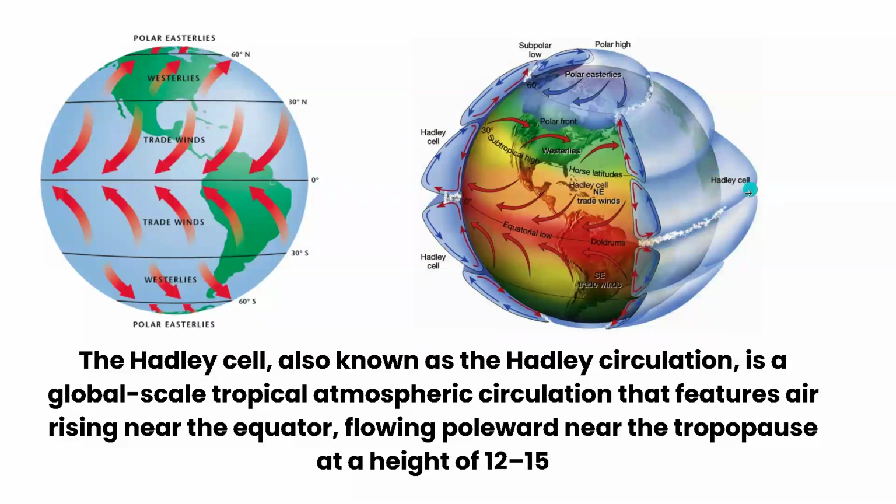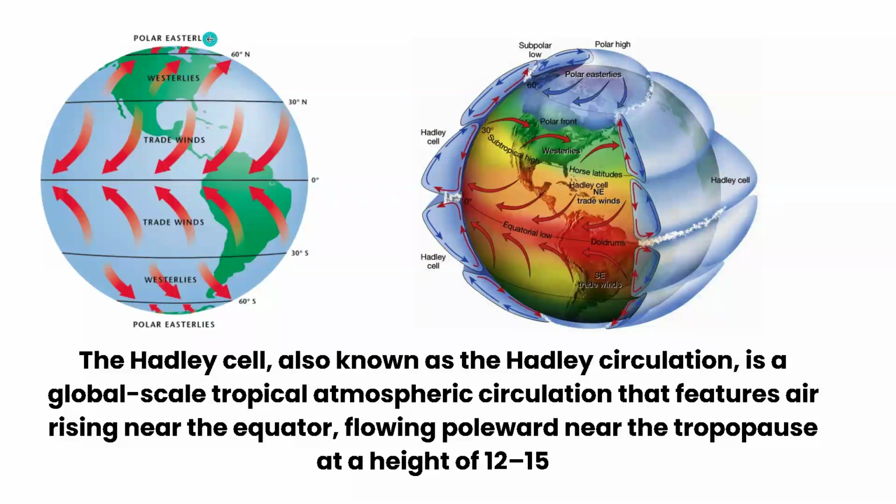Outside, see the wind directions are also given. So this is Hadley cell. So here in the equatorial region you will find this Hadley circulation. Up to 12 to 15 kilometers of height from the earth's surface, you will find the circulation of winds here. See here, this is the global wind directions.